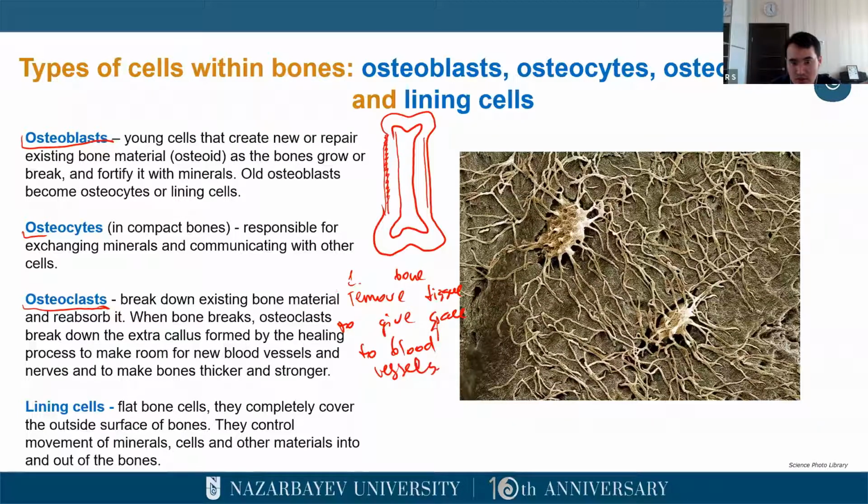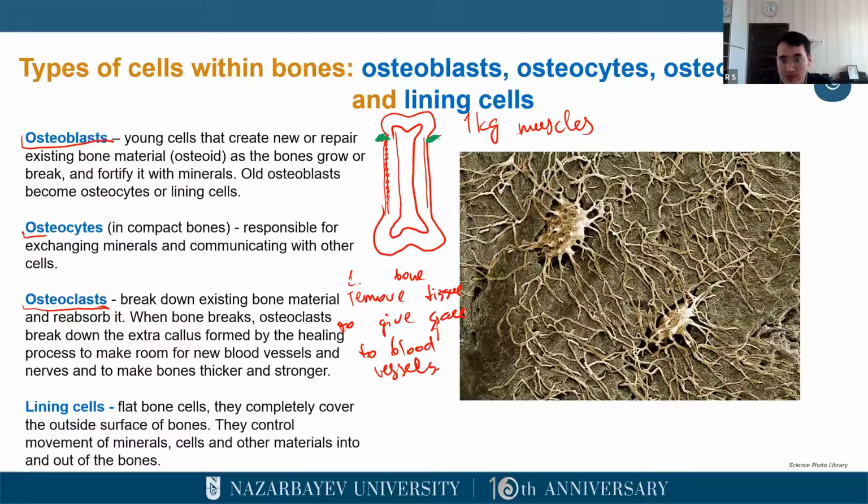Second one, we will need to remove this bone tissue to recreate the inner structure. So if you take this trabecula, let's say at some point we had 1 kilo of muscles that were binding to this part of the bone, okay?